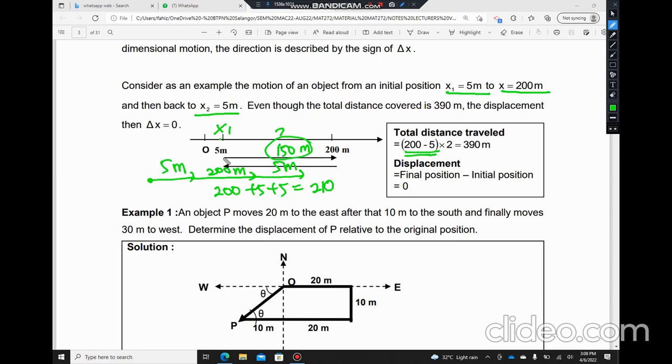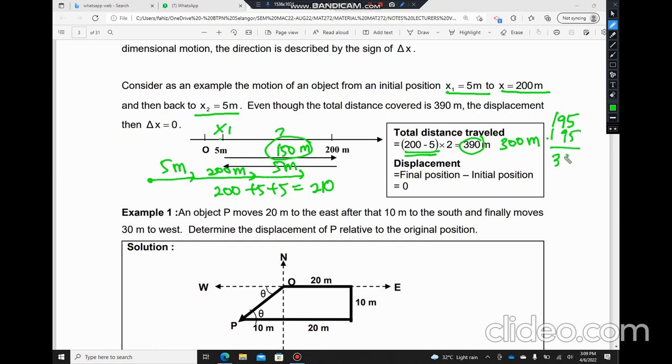Okay, so kalau dia kata dia pergi and then dia patah balik, so that's why multiplied by 2. Sorry, kat sini ada typing error. 200 minus 5 is 195.